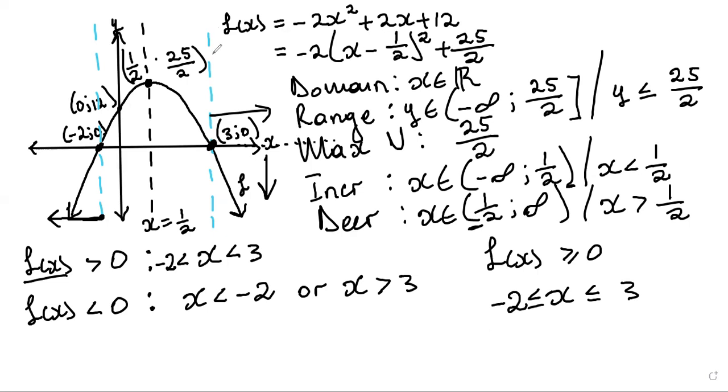So that's where the function will be greater or equal to 0. The same thing applies to less or equal. Still going to be the exact solution, just that you'll include those values of x. And then you're set. So can you see how math is simple, guys?